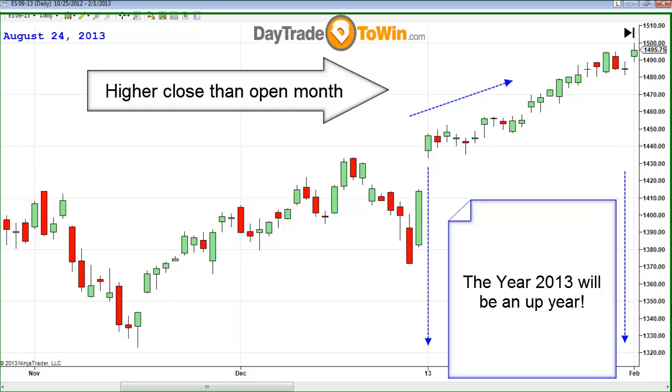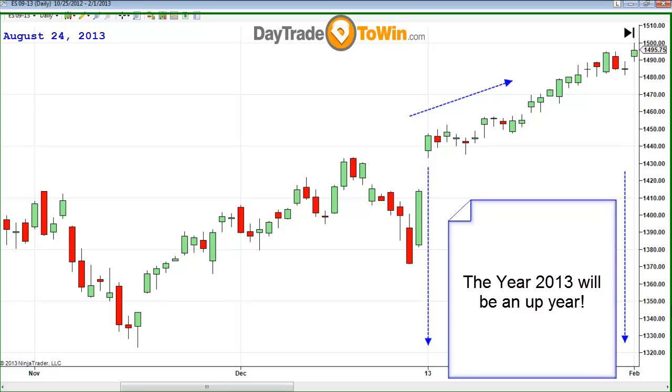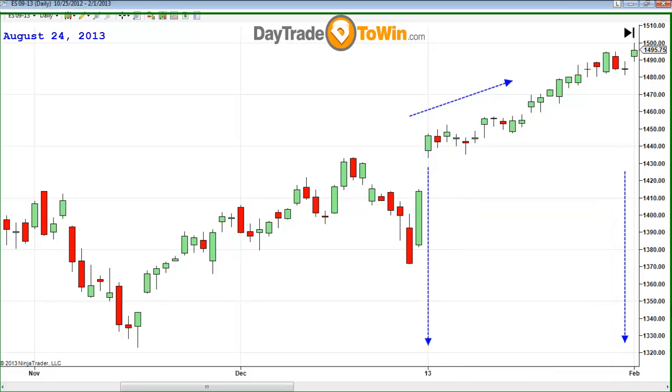Everybody who is a hedge fund manager or a money manager looks at this January effect and expects the year to move higher and higher. Now, obviously, there is a chance that the market's going to move lower. It's always an expectation that it's not going to move higher. It could move lower, and that's why timing is very, very important.